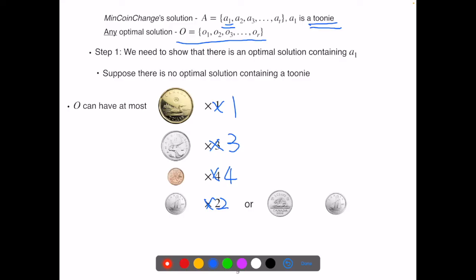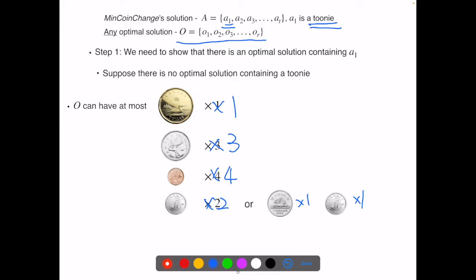Or O can have at most 1 dime and 1 nickel. Otherwise, if there are 2 nickels, we can replace them using 1 dime. 2 dimes and 1 nickel can be replaced by a quarter. So we can always reduce the number of coins in O if that were the case. That's all. O cannot have any more coins. Otherwise, we can always reduce the number of coins and O won't be optimal.